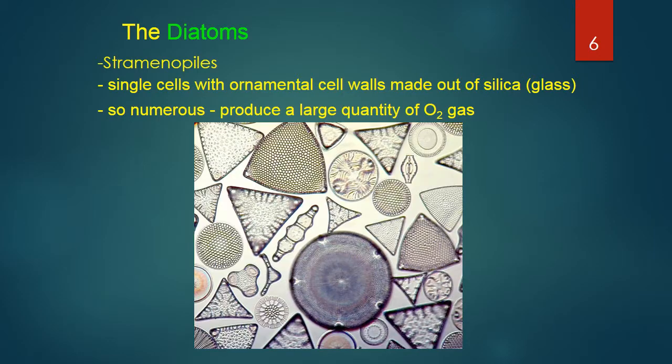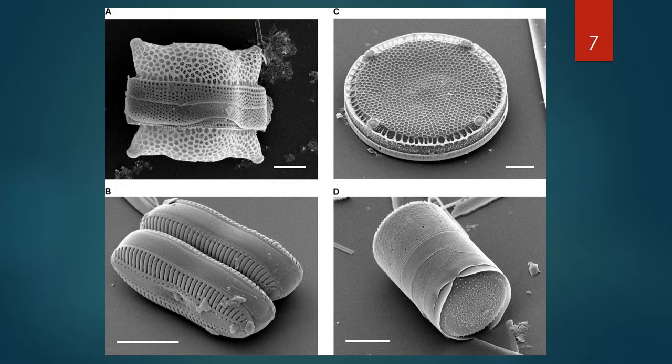They reproduce sexually or asexually. So this is just an example of what some of them look like. Looking at them up close, one thing that separates diatoms from some of the other phytoplankton is that they have an upper and lower half of their cell walls.